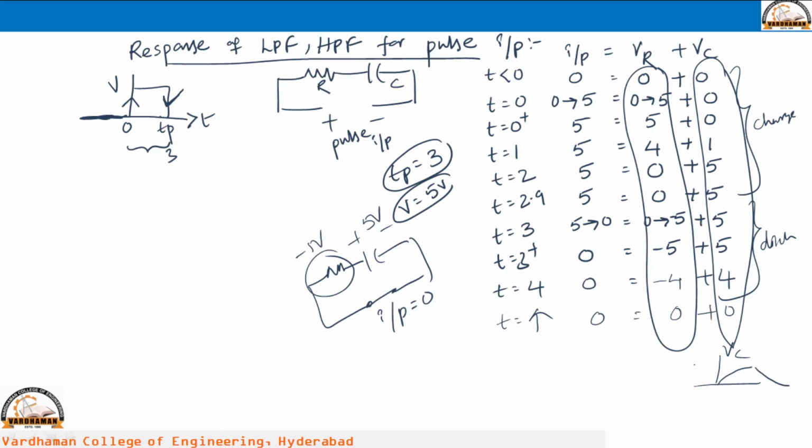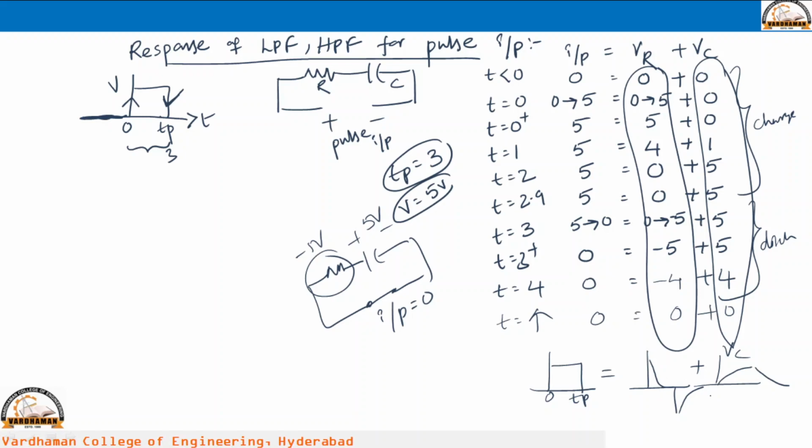What about resistor voltage? Resistor voltage from 5 volts became 0, then a sudden change is there up to minus 5 volts, then increasing up to 0. What about input? Input from 0 to Tp seconds, it is maintaining 5 volts, then becoming 0. This is input, that is equal to resistor voltage plus capacitor voltage, this is a KVL.